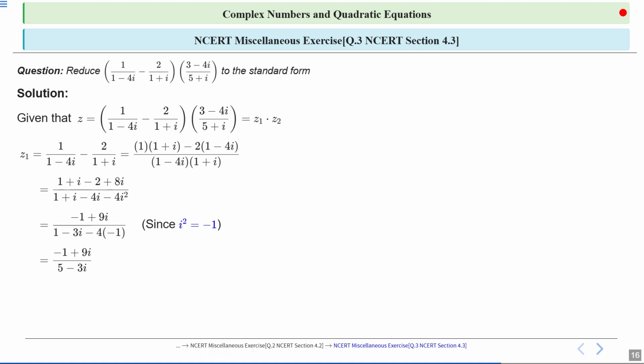So after simplifying, we have z1 equals minus 1 plus 9 times iota divided by 5 minus 3 times iota.